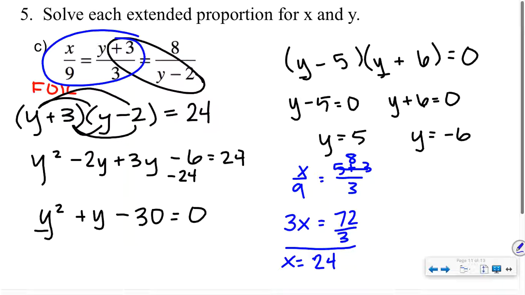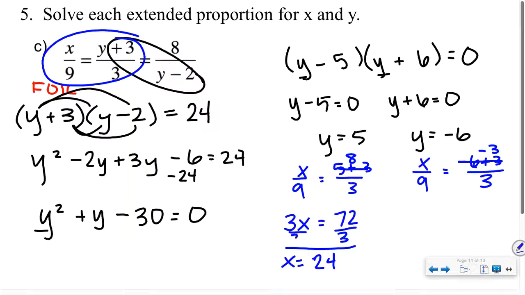And then plug negative 6 in and figure out what the x value would be there. So I'm still going to use those first two ratios. x over 9 equals negative 6 plus 3 over 3 then. In my numerator, negative 6 plus 3 would become negative 3, right?